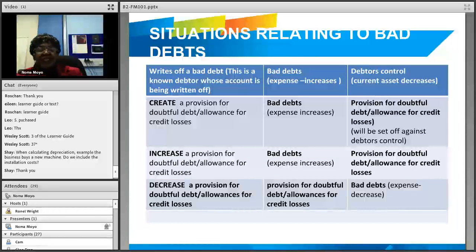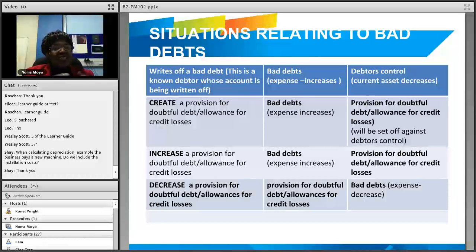Here, situations relating to bad debts. When you write off a bad debt, you know who it is that has defaulted. So what you are going to do is debit bad debts account, which is an expense, and there was supposed to be debit credit there, guys. And then credit the person who has defaulted, or debtors control.